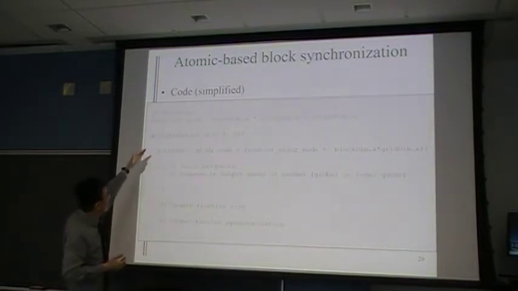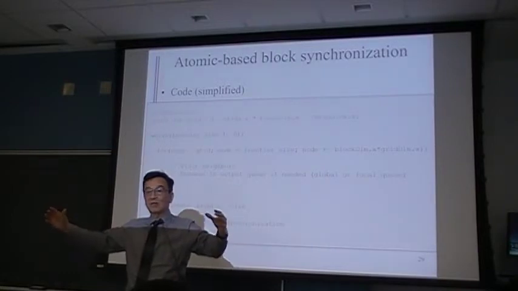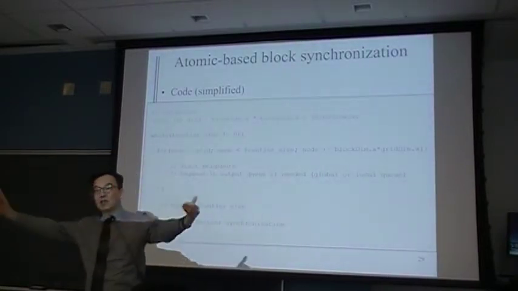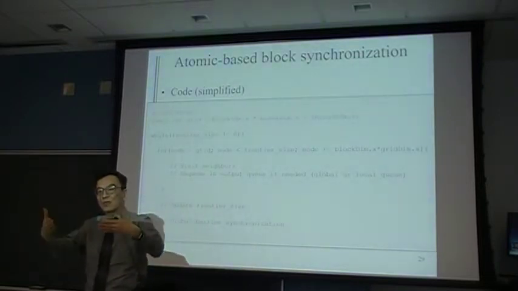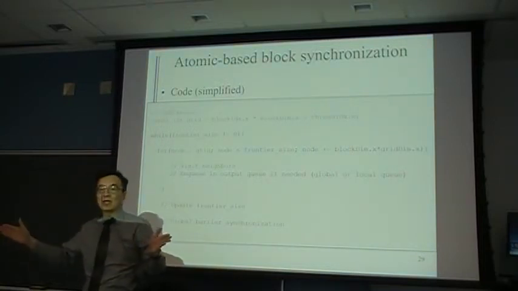And then you have this big for loop, and the for loop is about keep generating the frontiers. In every iteration of the for loop, you're going to be generating one frontier, right? And then in the next iteration, you will consume the frontier and generate a new frontier until you have exhausted all the nodes.